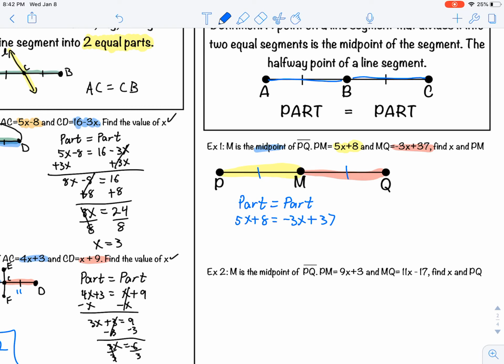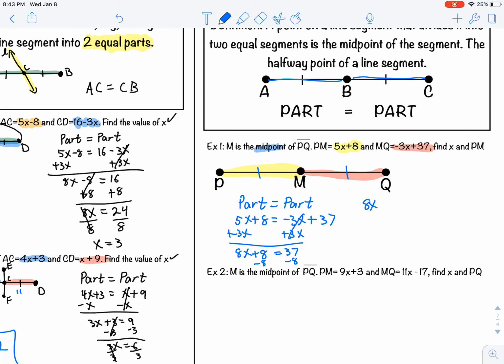And I'm going to move my negative 3x over first. So I'm going to add 3x to both sides. Those cancel out. I have 8x plus 8 equals 37. I'm going to subtract 8 from both sides. I'm going to move over to the right a little bit.